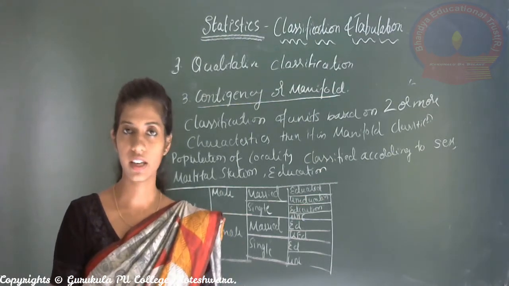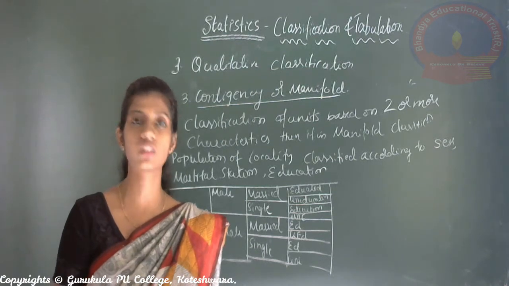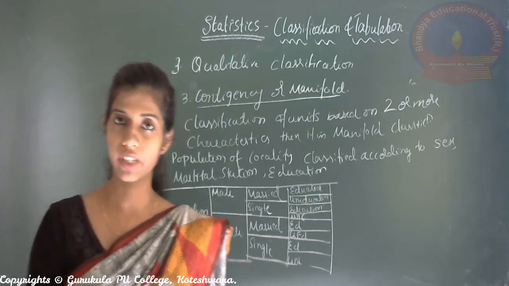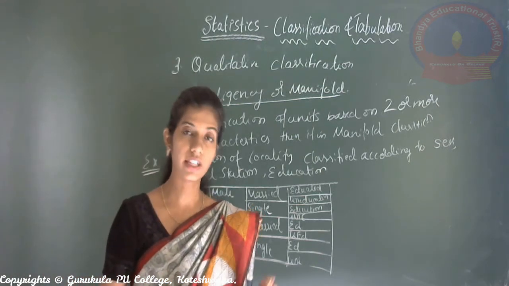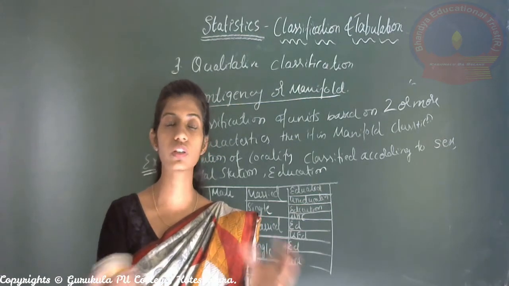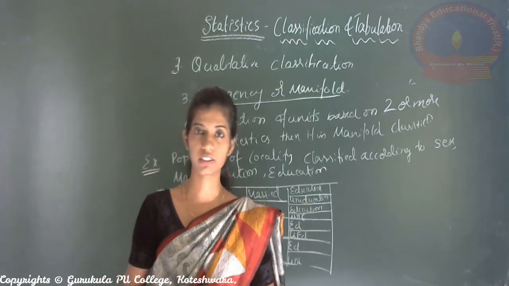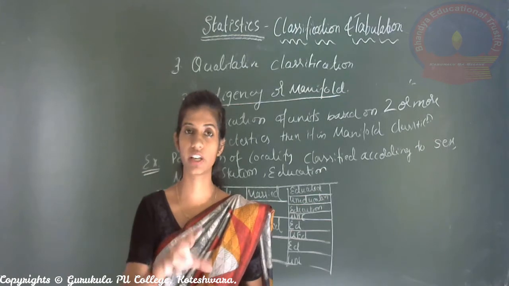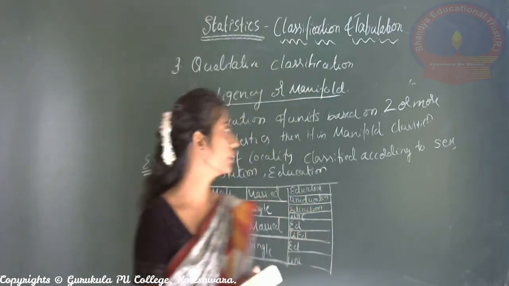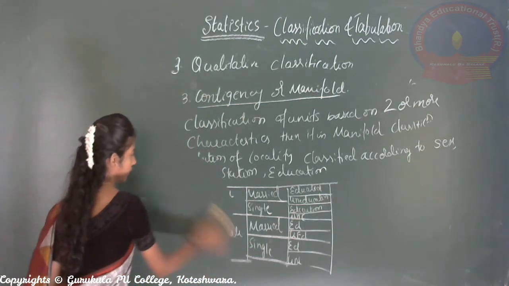So it should be a variable, one you can express in numbers. It may be height, weight, income, salary, or age. All those we can express in terms of numbers. Such classification based on these data we call a quantitative classification.